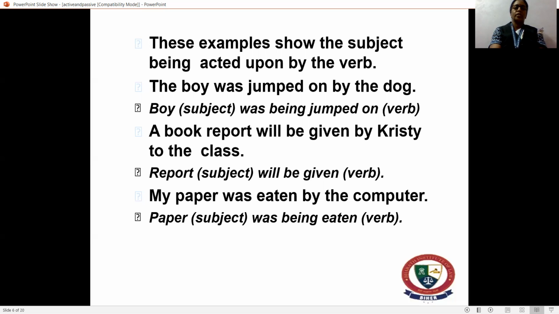So this is how we need to change it from active to passive. The first rule: the subject and the object flip-flop, they interchange their positions. And finally, the last sentence: my paper was eaten by the computer. Here again, paper becomes the subject in the passive voice, which is being eaten, which is being acted upon.